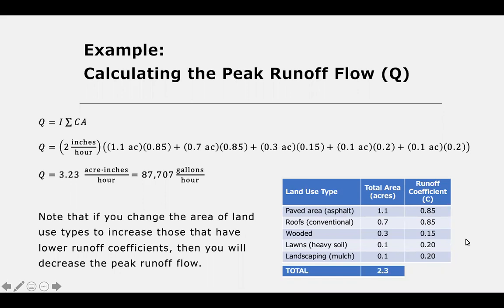All right, so that would be your task. And pavers is just one option. There are many more green infrastructure solutions like bioswales and rooftop gardens and a number of other structures and land uses that you can implement to decrease the peak runoff flow rate.